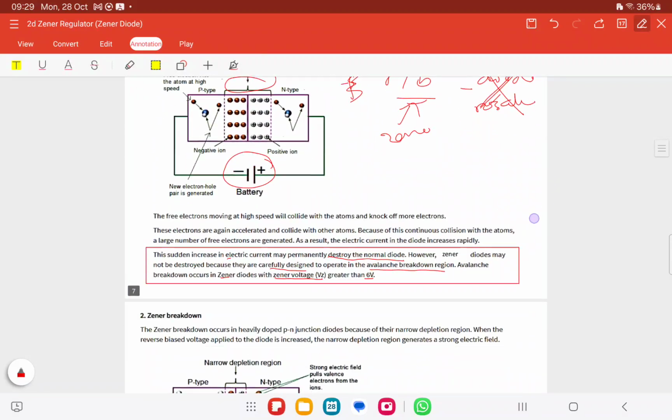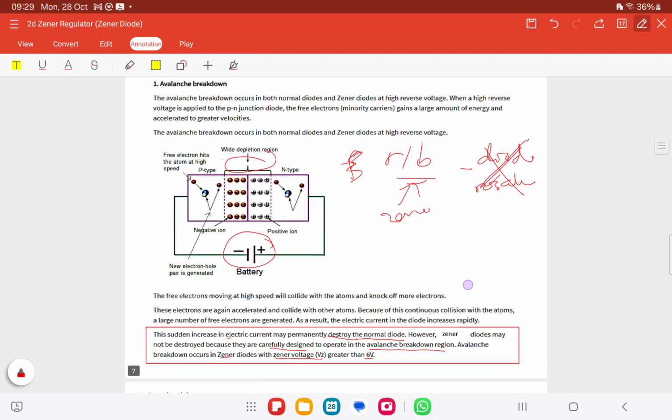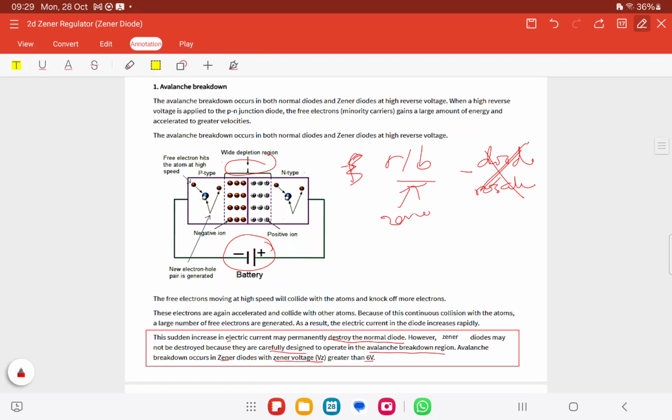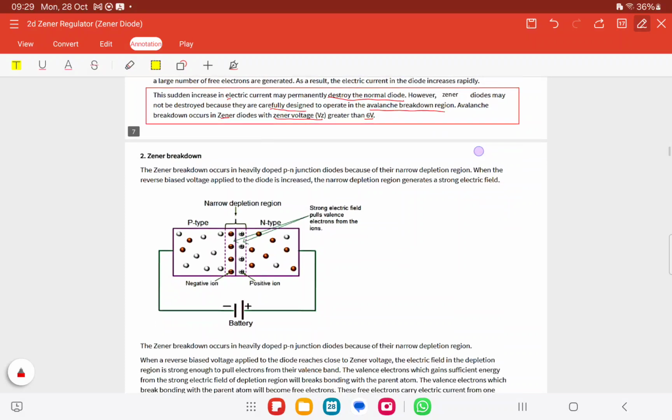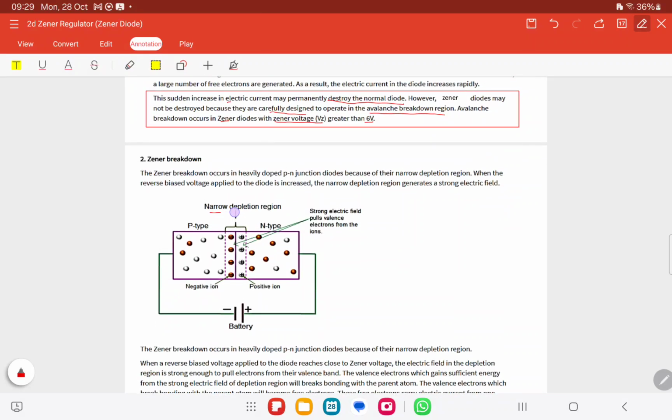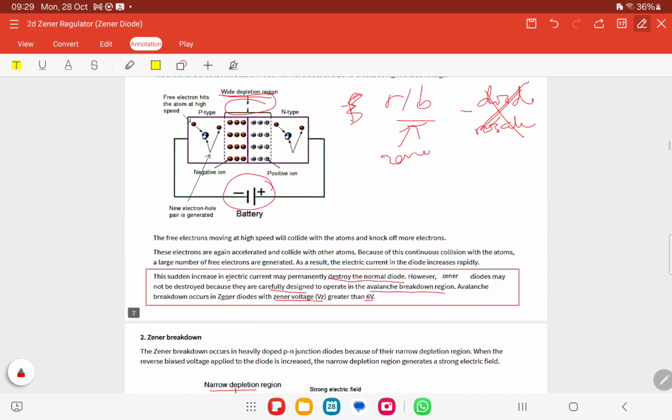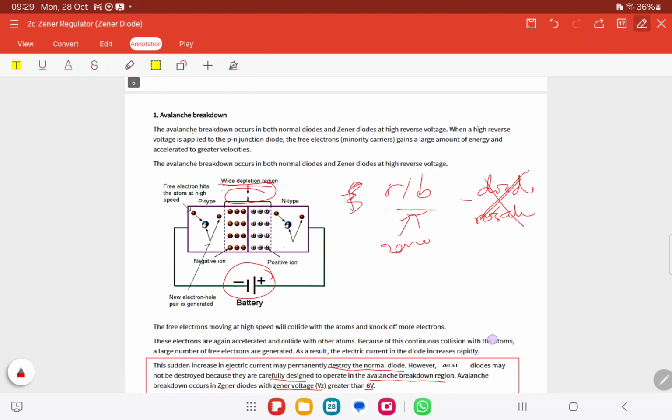Okay, this is for avalanche. This one is for Zener. Kalau you tengok from here, for avalanche breakdown, dia punya wide depletion region, sebab dia proceed lagi for reverse bias. For the Zener breakdown, kat sini dia tak wide, not as wide as the avalanche breakdown.